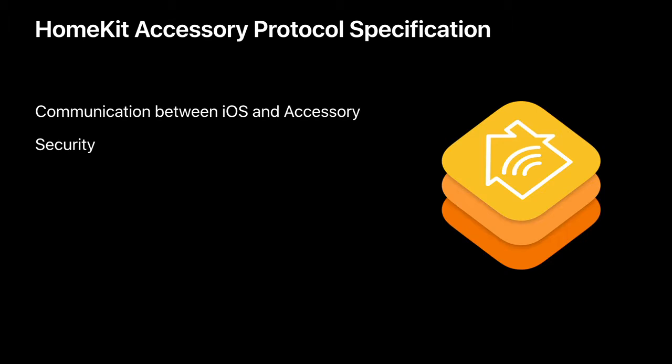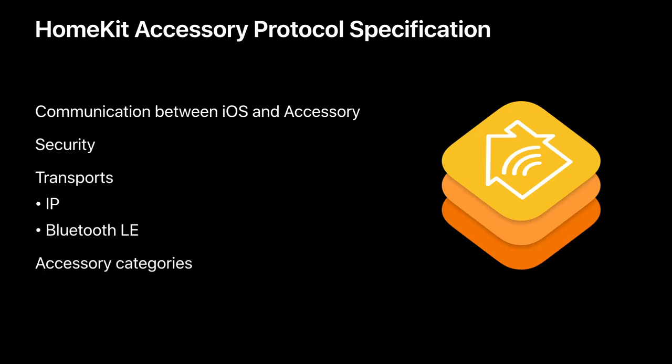The specification provides implementation details for both IP and Bluetooth LE-based accessories. And you can also get details on how to describe each of the accessory categories that are supported in HomeKit, such as a light bulb, fan, thermostat, and many more. For a complete overview of the HomeKit Accessory Protocol, you can refer to the 2014 session, Designing Accessories for iOS and OS X.